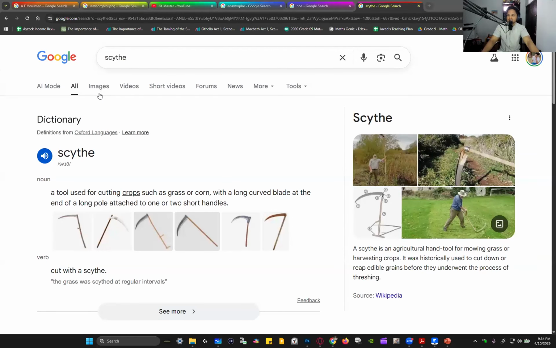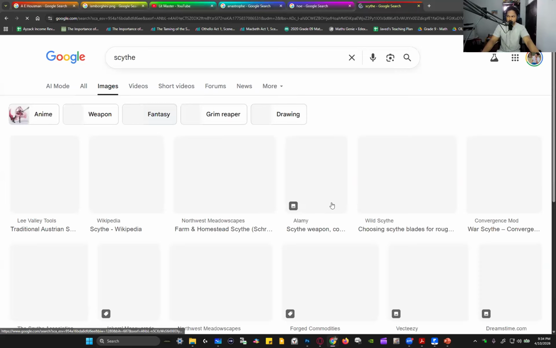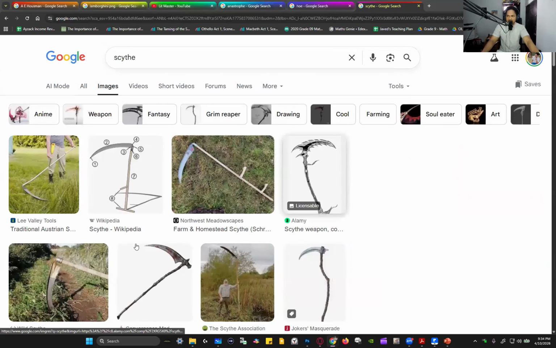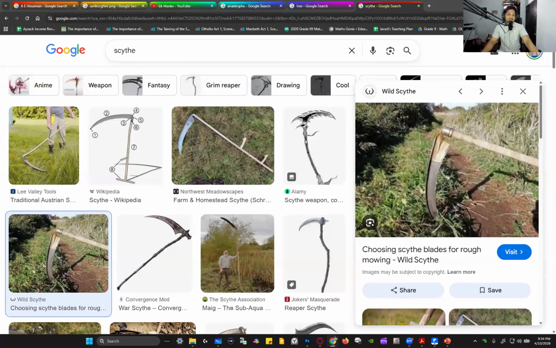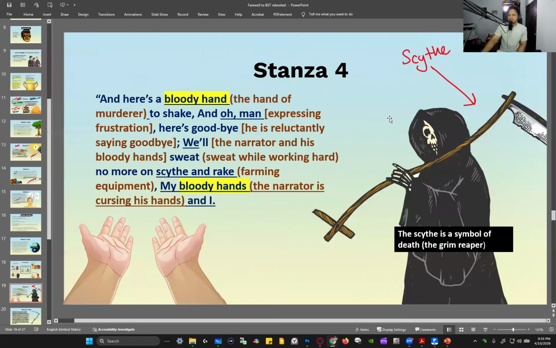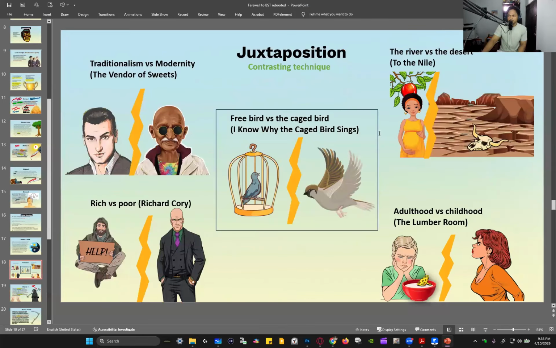The scythe is a symbol of death. We'll talk about this. There is a scythe mentioned in Farewell to Barn and Stack Country. Why? Because this poem is set in a farming background, right? This poem is set in a farming background.